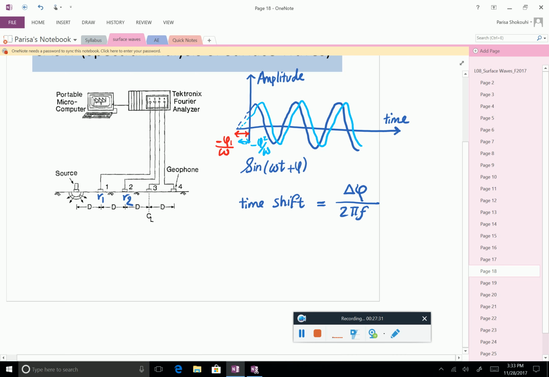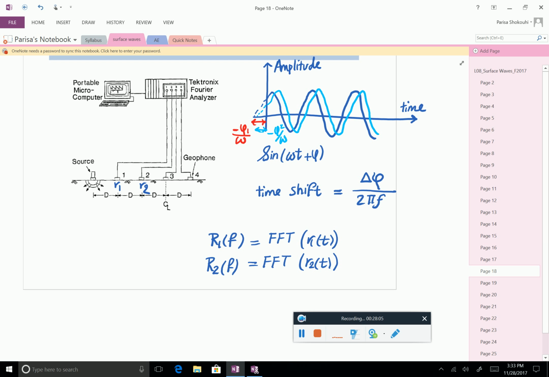So if I say that R1F is the Fourier transform of basically the signal that you would record at receiver number 1, and R2F would be the Fourier transform of the signal that you would record at location 2.